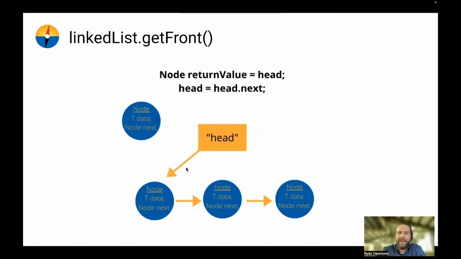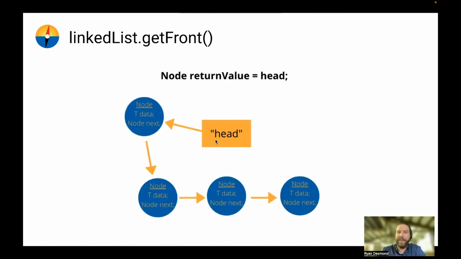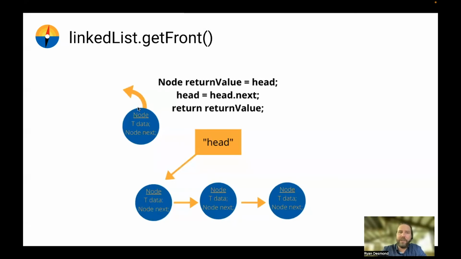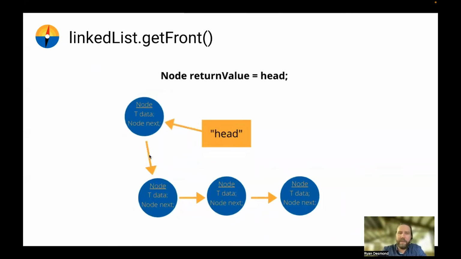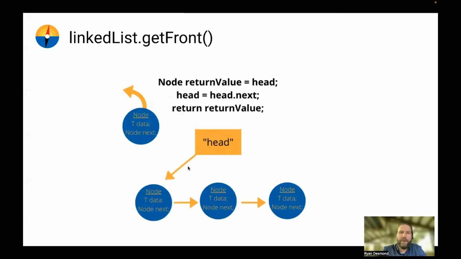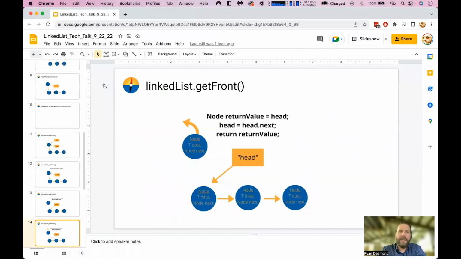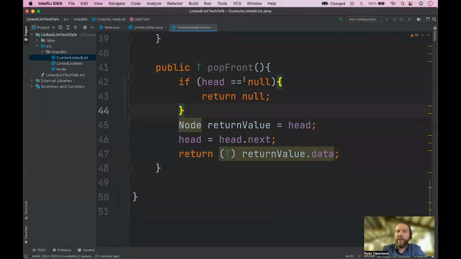Then I'm going to point head to whatever is the next node in this list. And then I'm going to return this node back to the user, right? So our list that was previously 4 nodes is now 3 nodes and 1 going back to the user, right? So that's essentially exactly what we're doing right here.